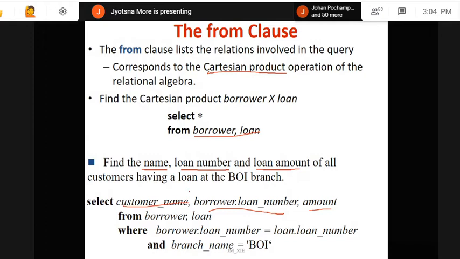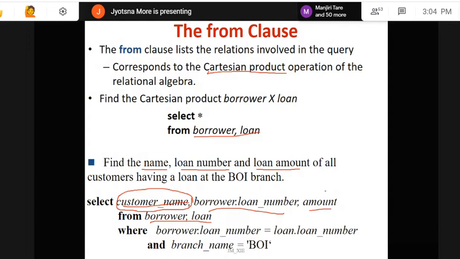amount. Why have I not used borrower.customer name here? You can use it, and you will not get it wrong, but I have not used it because in these two tables, borrower and loan, only one table consists of the attribute customer name, that is borrower. Only one table consists of the attribute amount, that is loan.